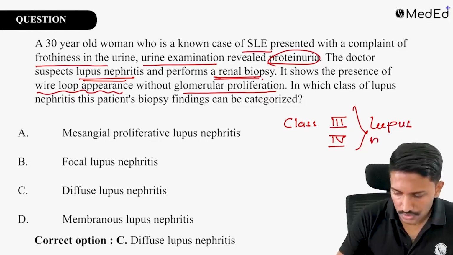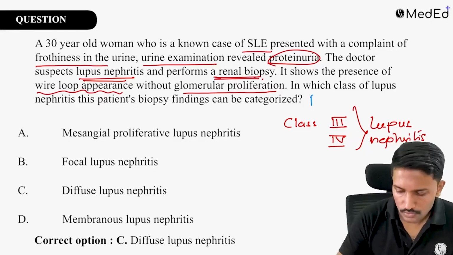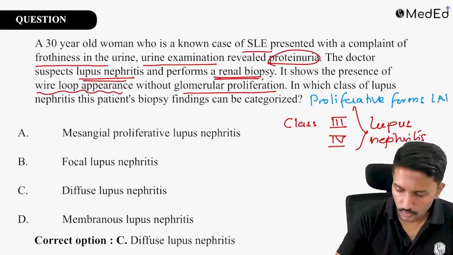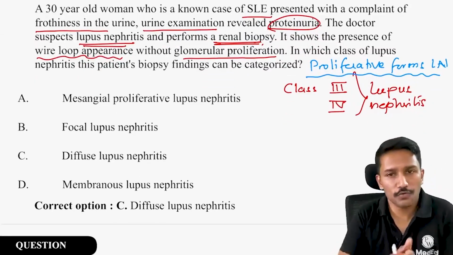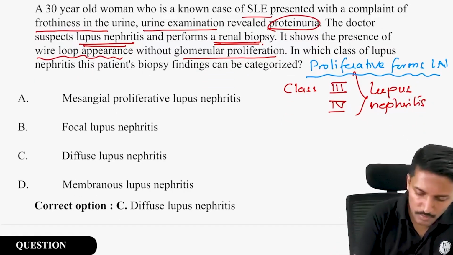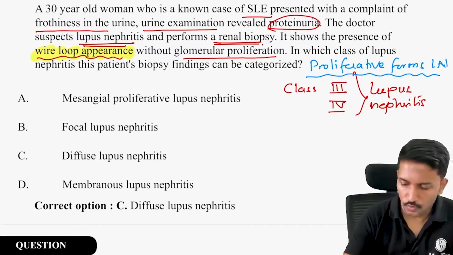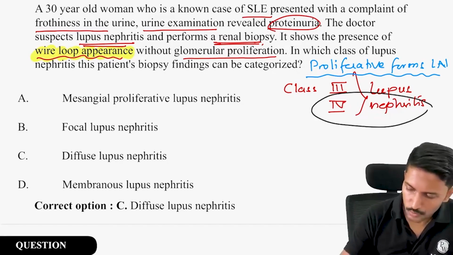These two are called proliferative forms of LN. I have to choose between class 3 or class 4. The pointer here is the presence of wire loop lesions, which are typically seen in class 4 lupus nephritis.